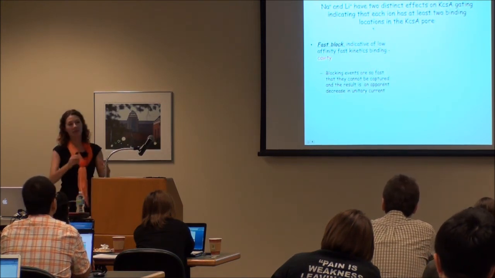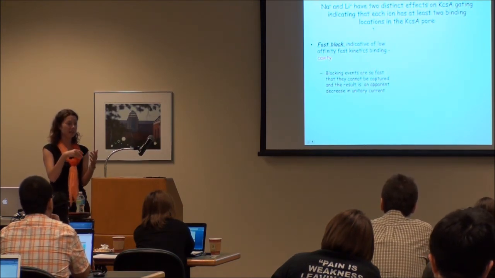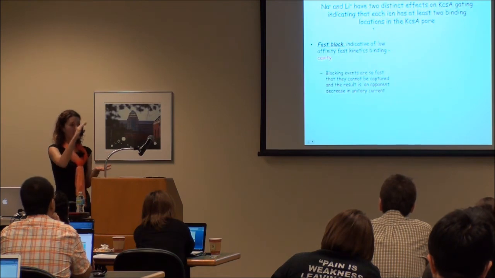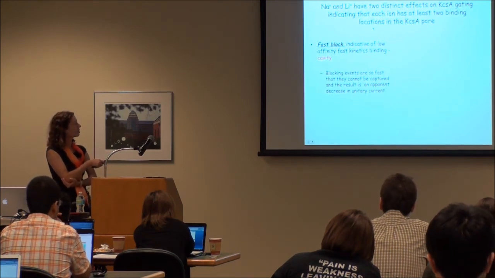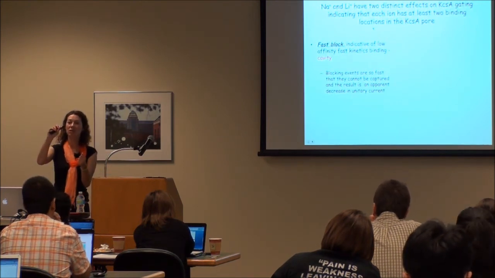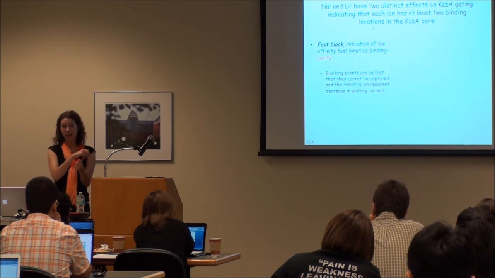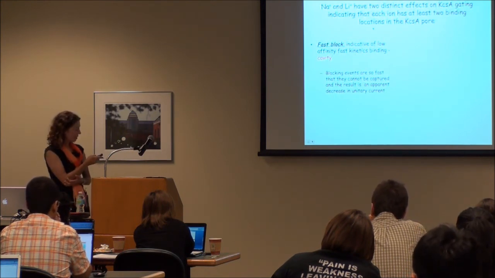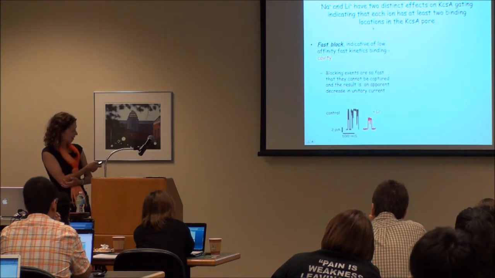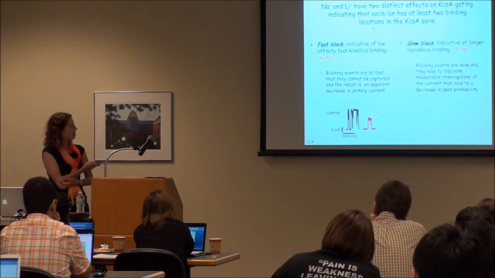In one, they have a fast block, so there's a very fast process where they modify the amplitude of the single channel current. So basically, sodium goes into a binding site and goes out very fast, all right? So you lower the single channel amplitude. And another one is a slow block.